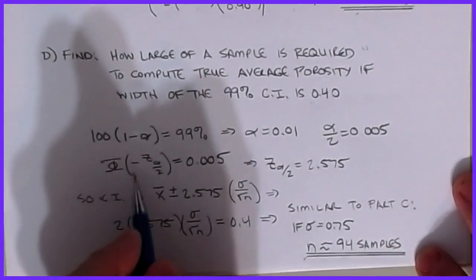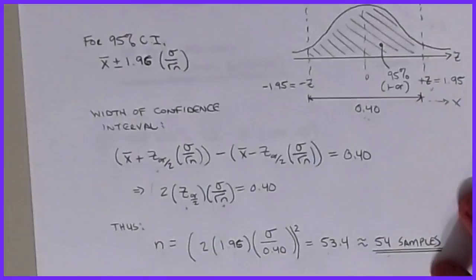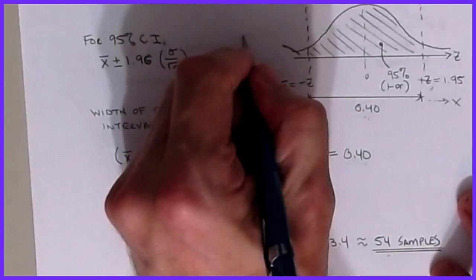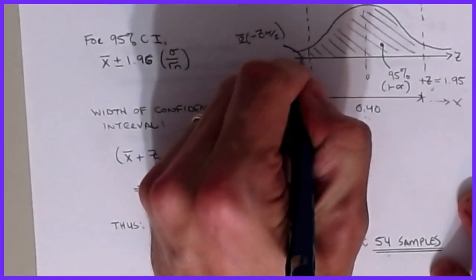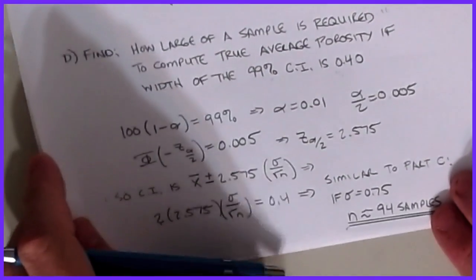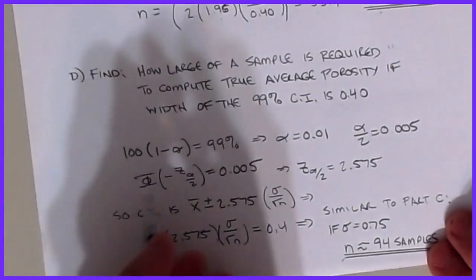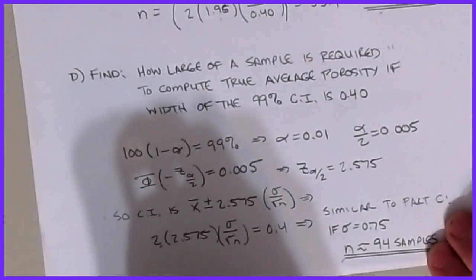Phi of that lower value, which is the area to the left, phi of minus z alpha over 2, is that unclaimed area we talked about out on the end of this. That's equal to 0.005, half of the alpha area we're looking at.